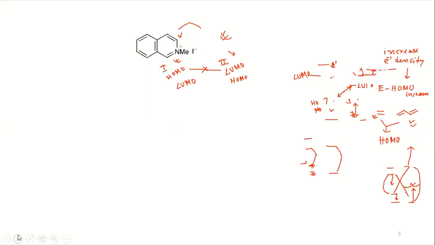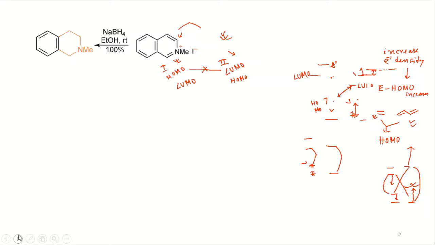Okay, so what I was talking about: if the HOMO-LUMO gap is decreasing, you will have efficient Diels-Alder product formation. That will be governed by the electron density of the substrates. Generally, if you increase the electron density of the diene, the reaction will be regular.